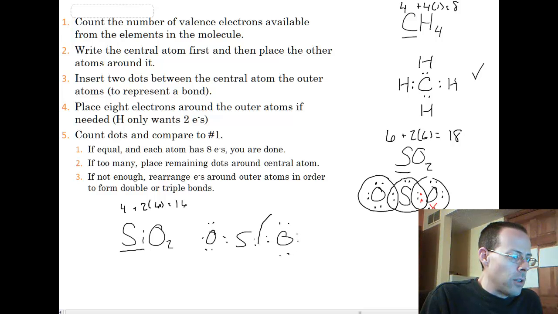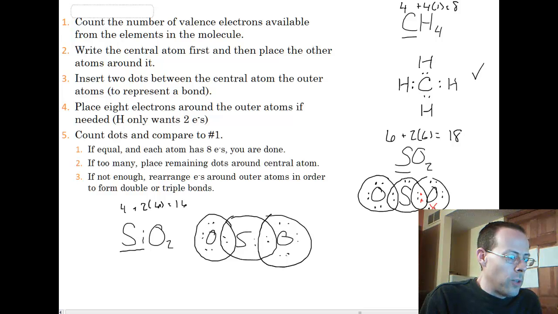So again, if we look at this, oxygen has 8, oxygen has 8, and our silicon currently has 4 dots around it. If we count our dots, 2, 4, 6, 8, 10, 12, 14, 16, and that's an Si right there, just so we're all on the same page. So we've used 16 dots, and we have 16 dots, so we can't add any more.